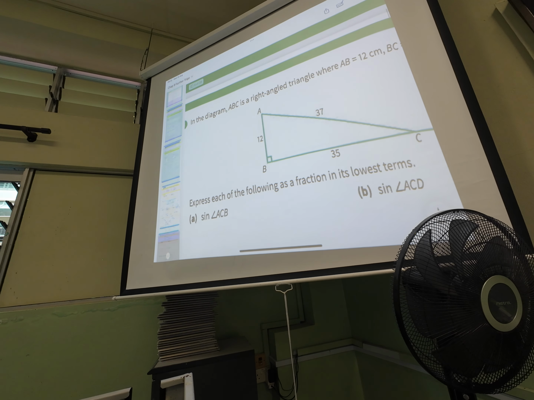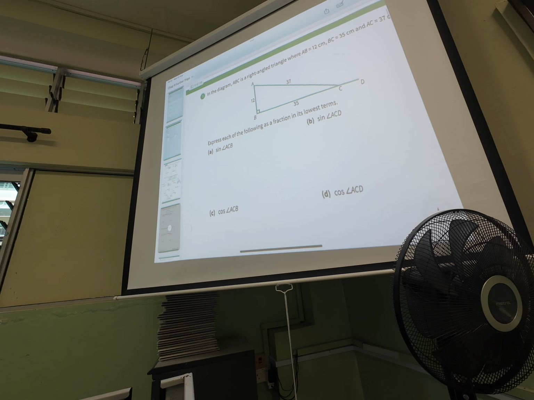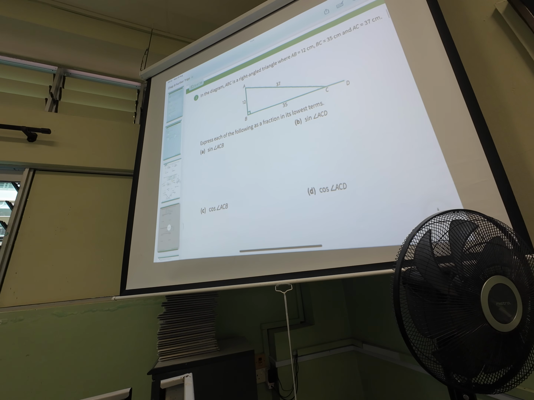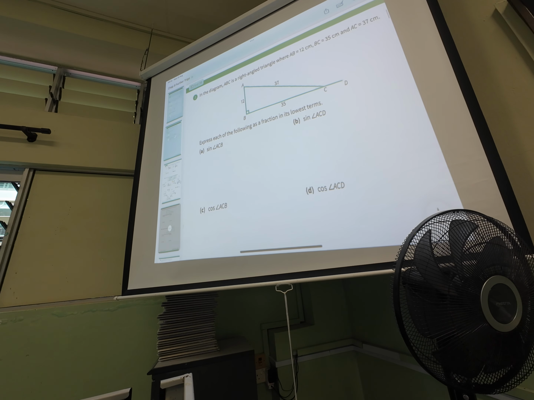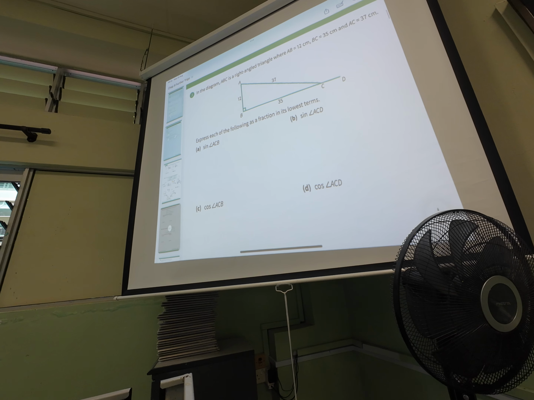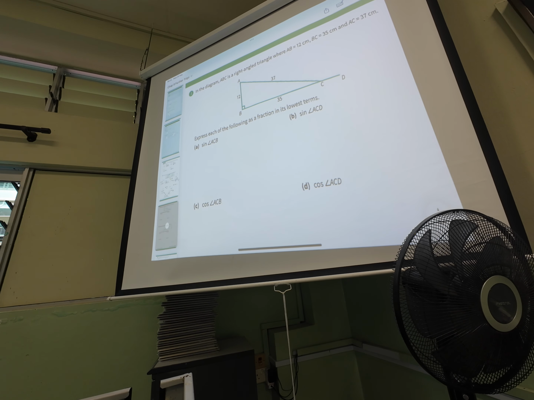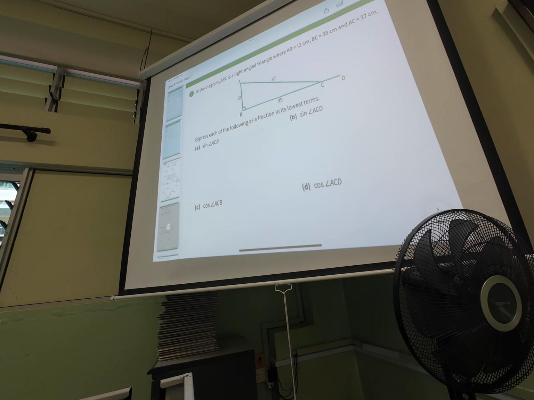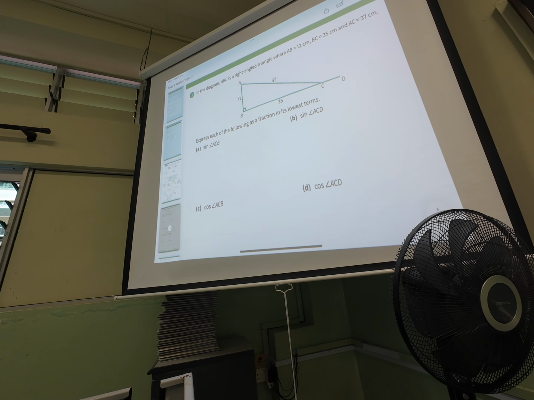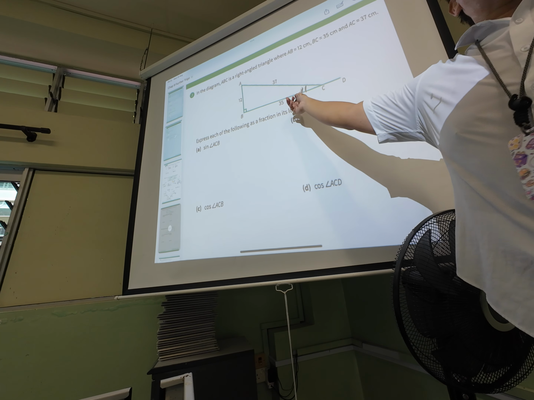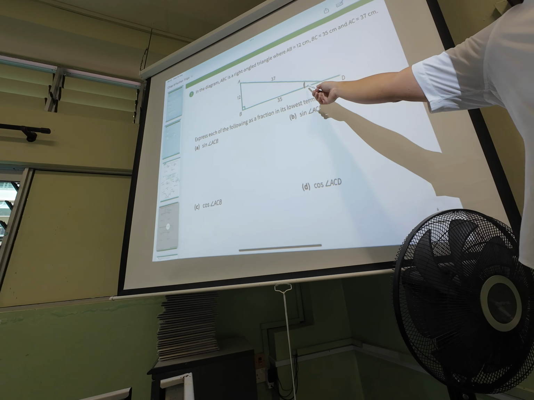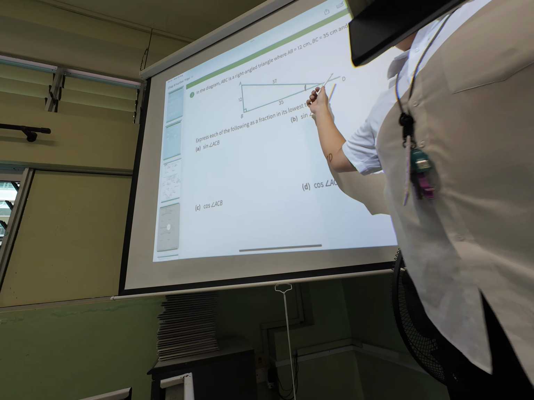Okay, then let's go to the next page. You will be able to find it already if you can answer my question just now. It is still your sine and cosine. Sine of angle ACB, this angle here, what is the sine? Back to your SOH CAH TOA, sine is opposite over hypotenuse.